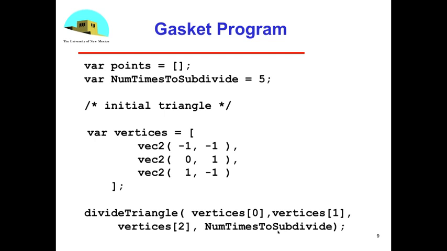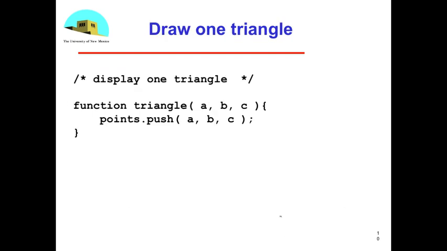So what does that function do? Well, it either does the bisection, removes the middle, and recursively calls itself to subdivide one less time, or if it's down at the end where the number of times to subdivide is 0, it's going to simply render that triangle. So let's look at those parts.